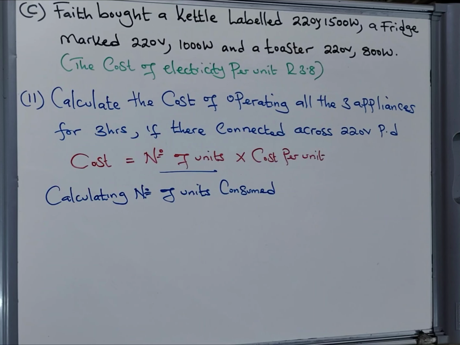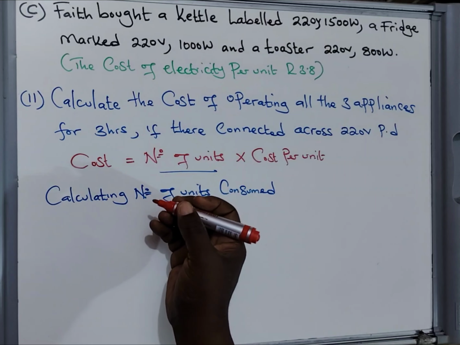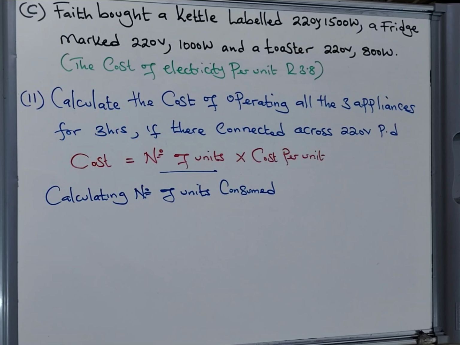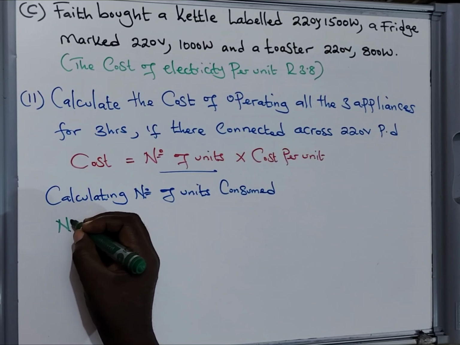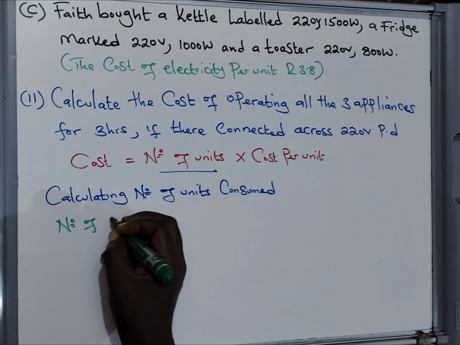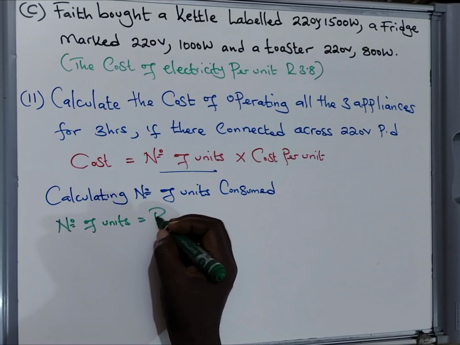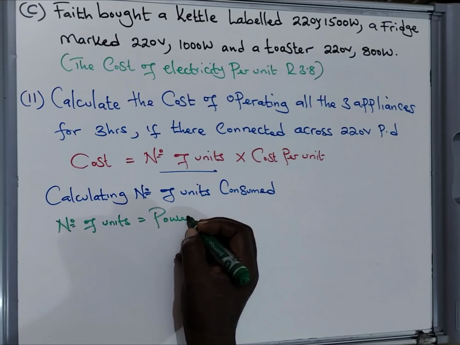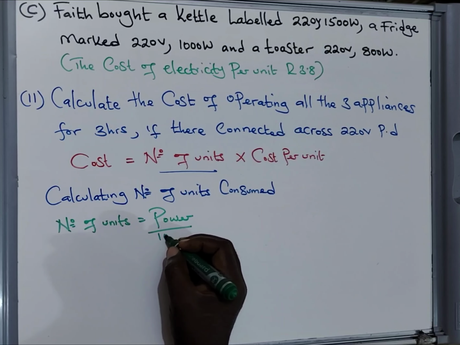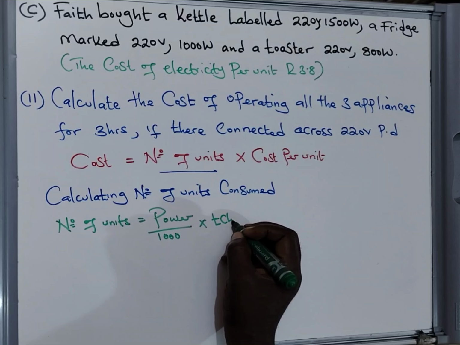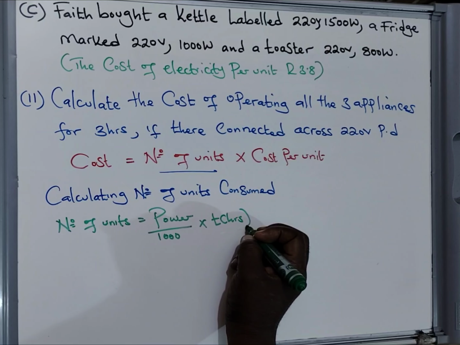How do you go about this? This is what you have to know, that number of units is equal to power over 1000 times time in hours.